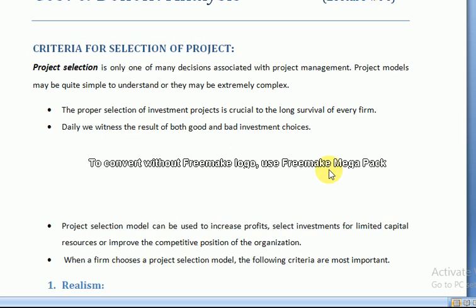So for the cost reductions and time reductions, we are using some techniques called crashing of project techniques. In these techniques, being a project manager, we reduce the project's time and cost up to an optimal level.